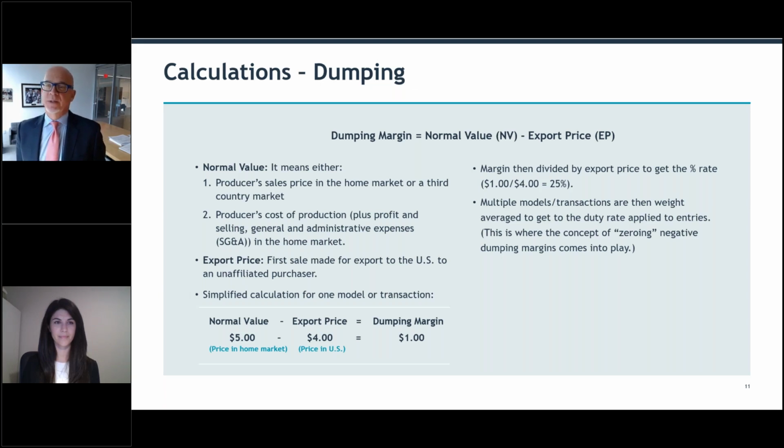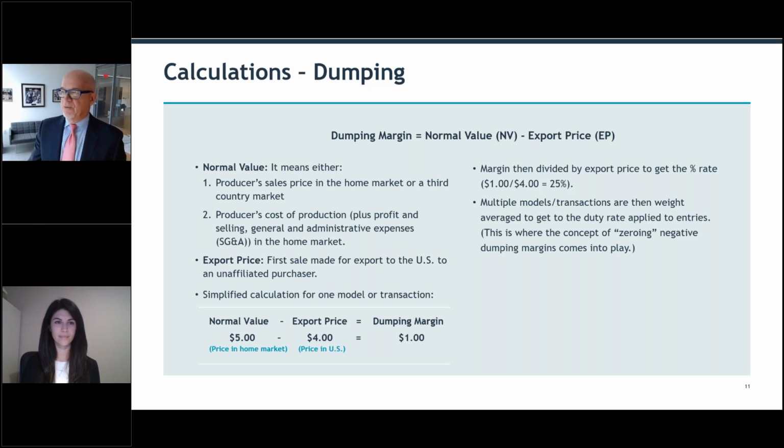The way in which the Commerce Department conducts their investigations and their reviews is to look at very, very detailed sales lists on an item by item, transaction by transaction, product by product basis. So this very simplified calculation that you see here is happening for multiple transactions, and at the end of the analysis, they take a weighted average.